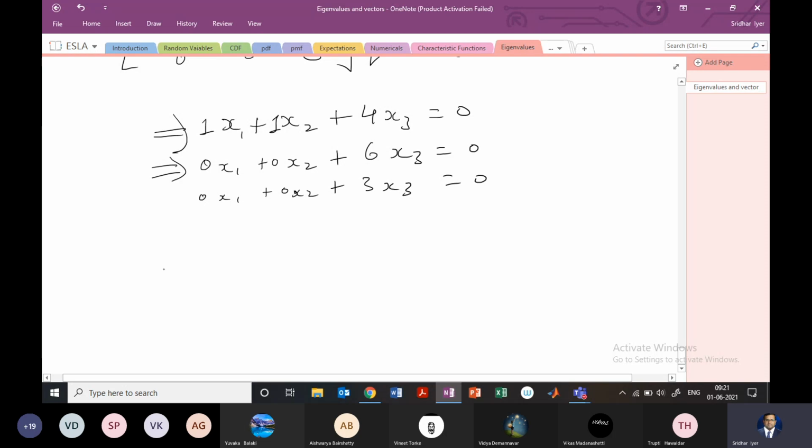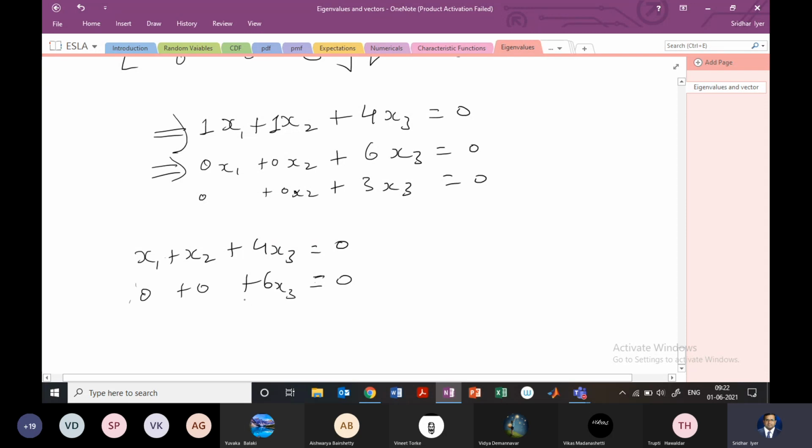I'll rewrite the equations: x1 plus x2 plus 4x3 equal to 0, and 0 plus 0 plus 6x3 equal to 0. So how do we solve this?